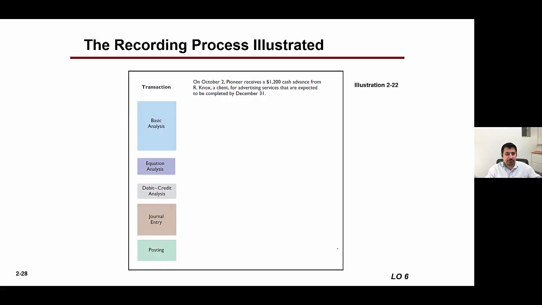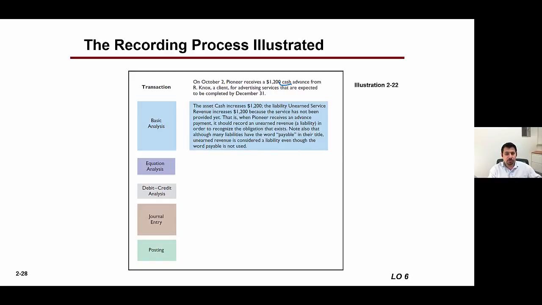On October 2nd, Pioneer receives a $1,200 cash advance from Arnox, a client, for advertising services that are expected to be completed by December 31st. Now, the accounts that were involved are cash and unearned service revenue. And why do we call it unearned service revenue?